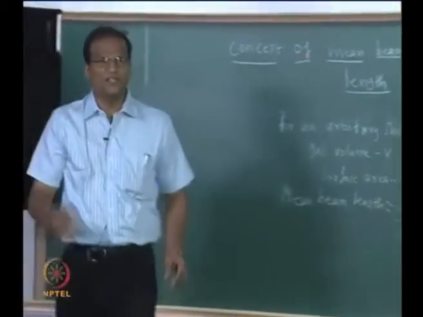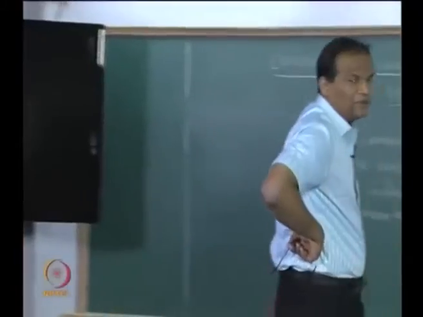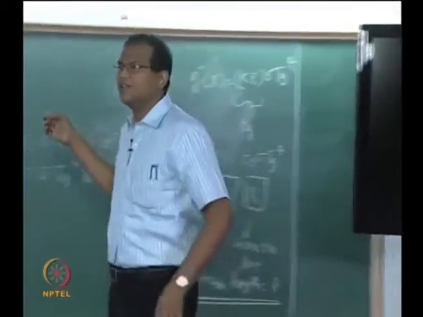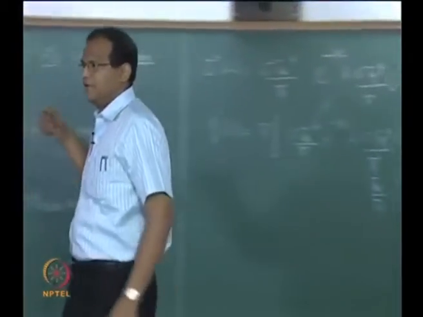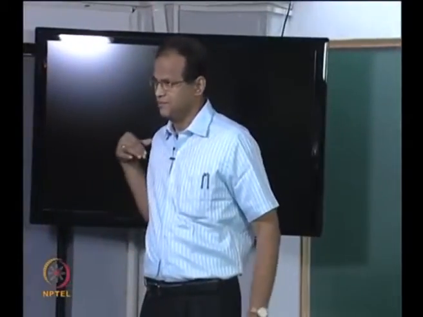Mean beam length is 3.6 times V by A. If you apply the 3.6 V by A for the plane gas layer of thickness L, what will you get? 1.8L. That is why I said it will not be 2L, it will be 1.8L. This comes from calculations, where you evaluate the exponential integral and get it.